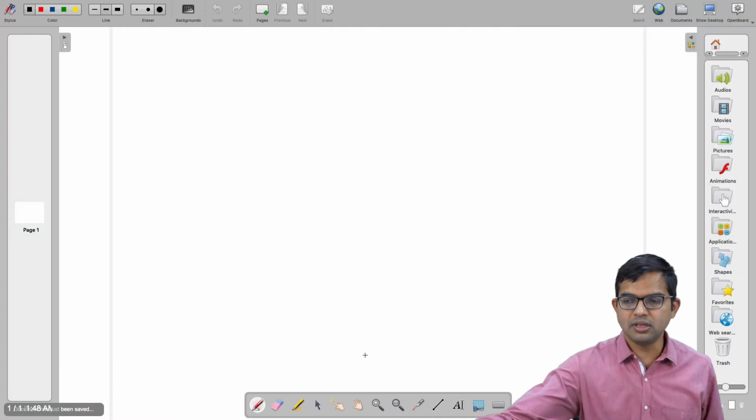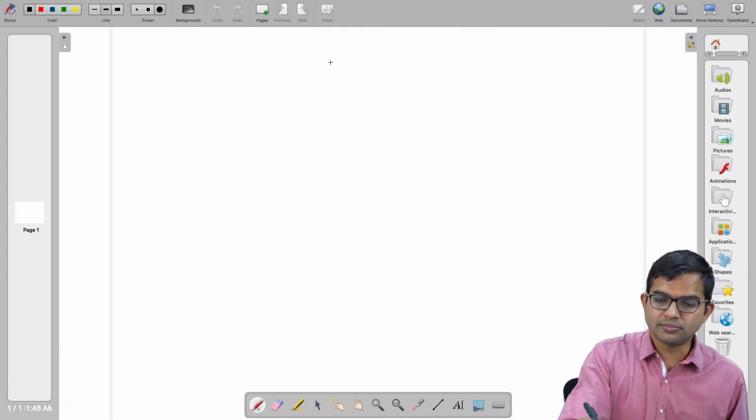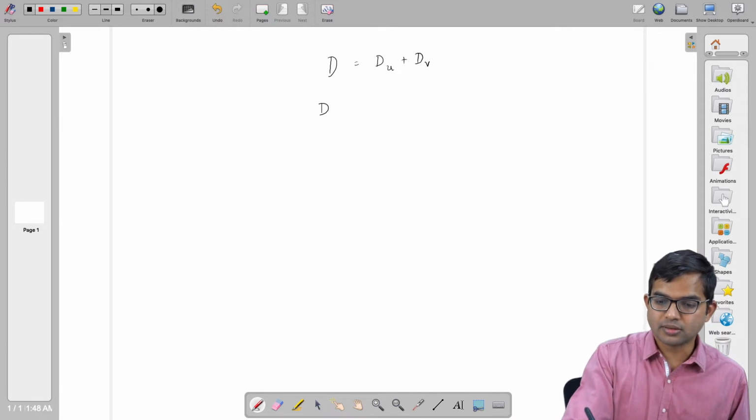One way to see this is to write the derivative d that we want to carry out as du plus dv, right? If you want to operate this on some function uv, this is going to be du plus dv acting on uv.